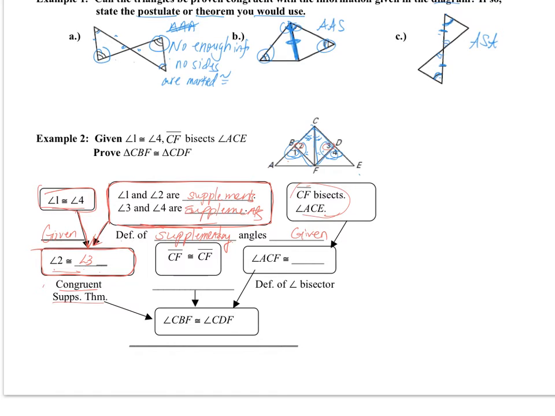Alright, now I can continue. I've stated these two angles congruent. I stated these two angles congruent. Now I need to state that CF is congruent to CF by the reflexive property. So you can again draw a box and write this and then reflexive. And then when CF bisects angle ACE, we can state that angle ACF is congruent to angle ECF.